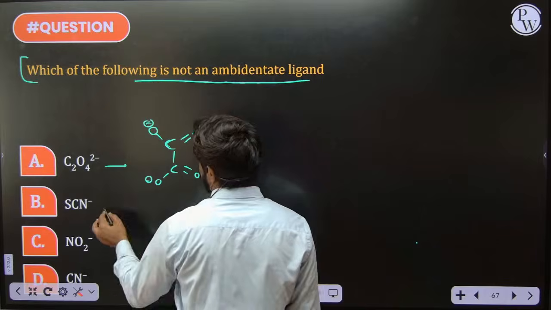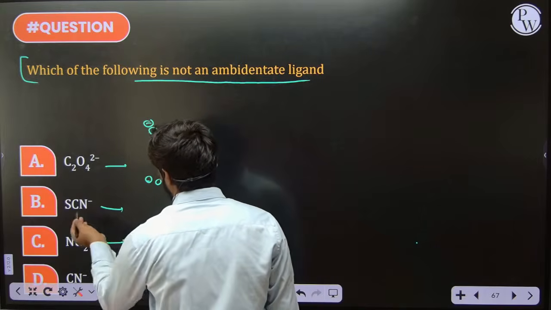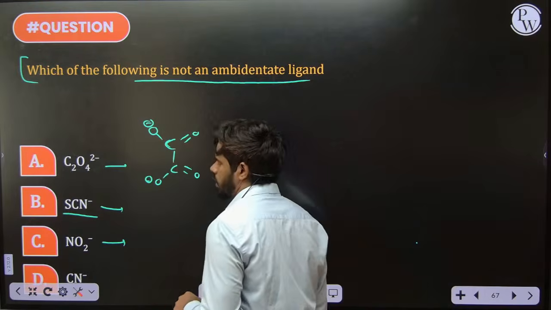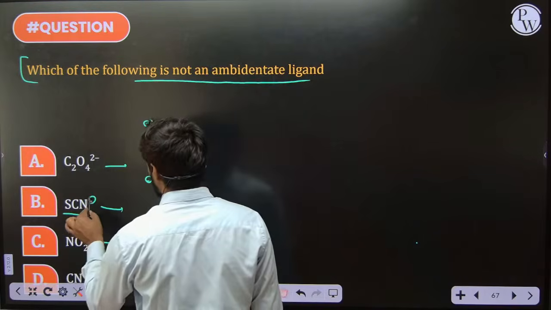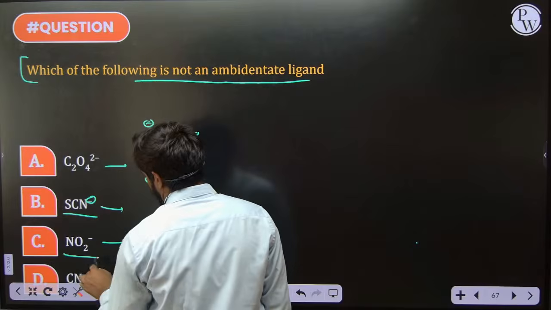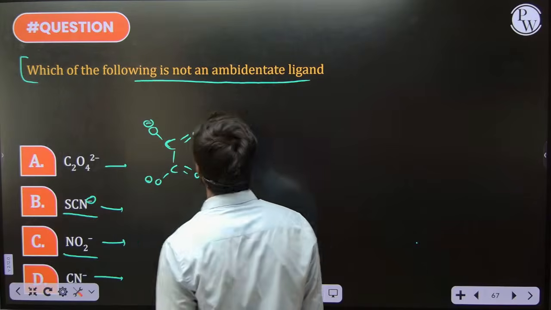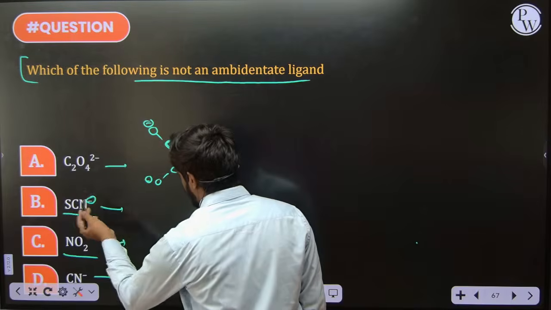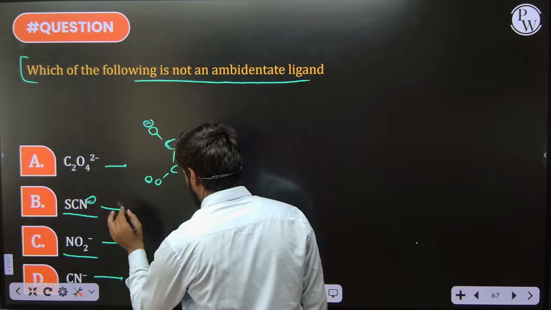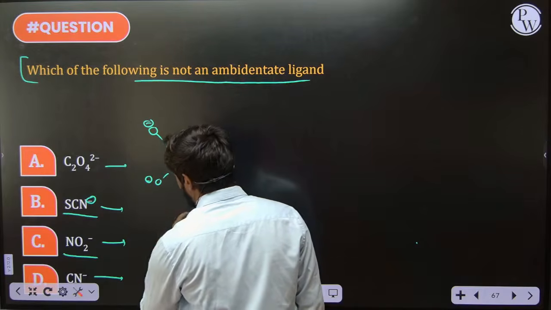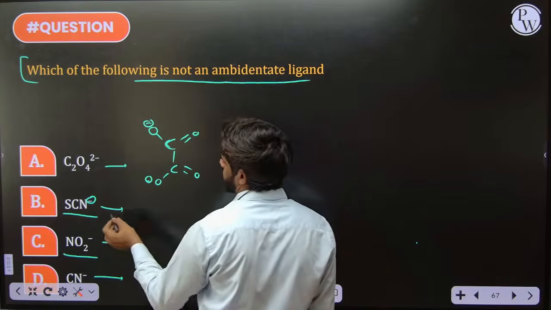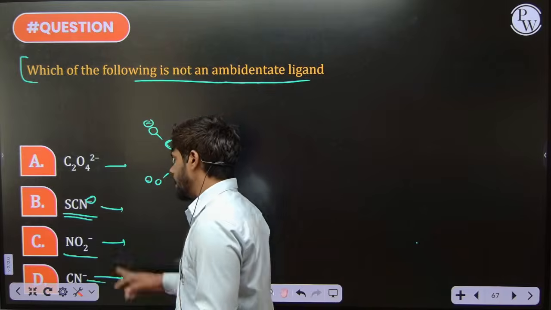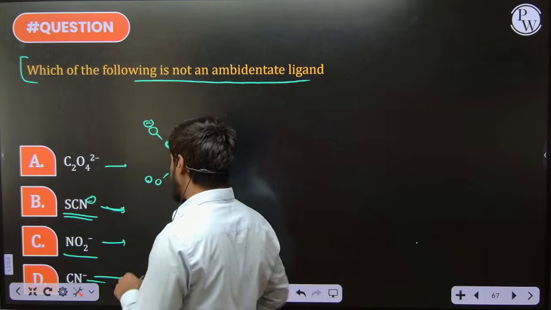Next, thiocyanide. In the case of thiocyanide, it can be donated from the nitrogen, and from the sulfur, so it can be donated both ways. Then cyanide, and isocyanato.